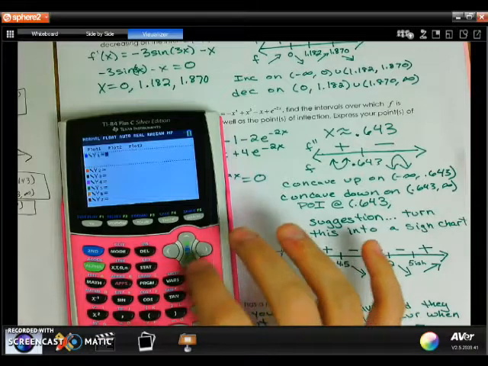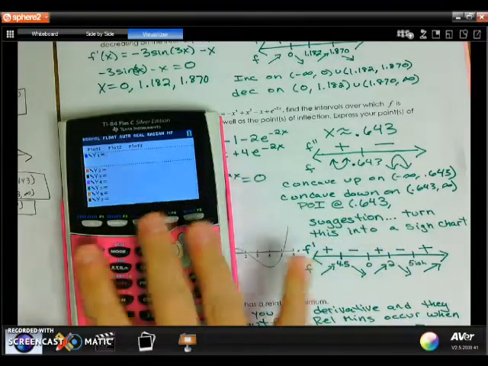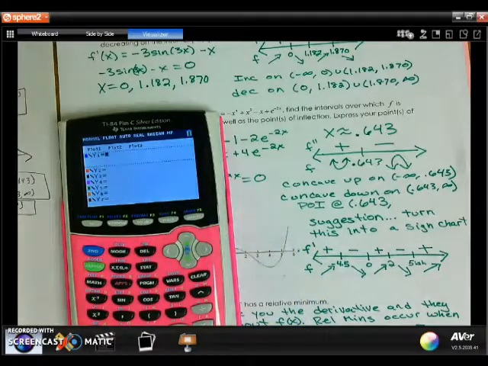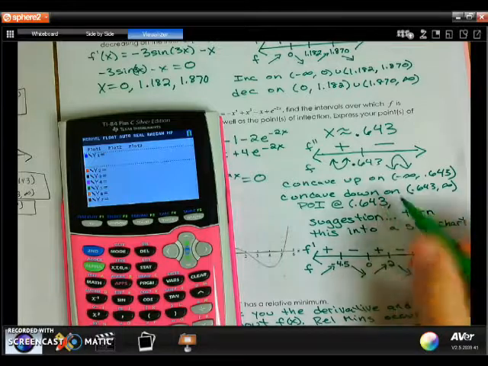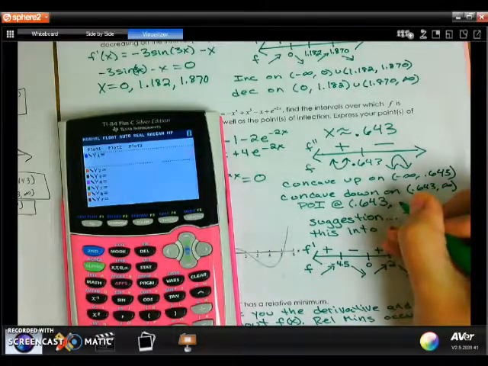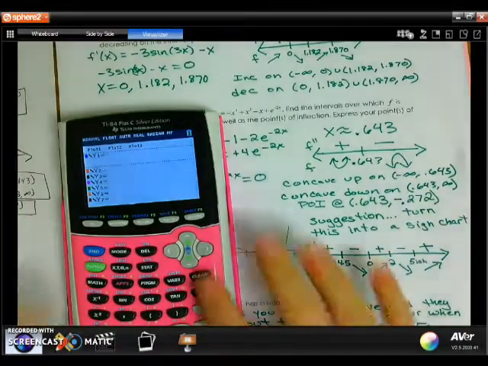Well, I would type that into your y equals, and then hit second calc value, and then just type in that 0.643 number. If you do that, you should end up with negative 0.272 as your point of inflection.